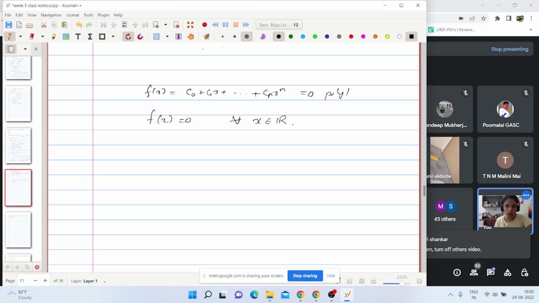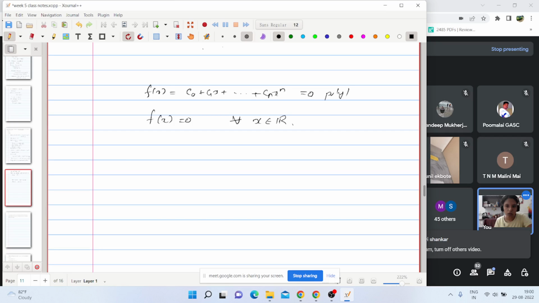So this f of x will have only a maximum number of zeros, because it is an ith degree polynomial, right? An ith degree polynomial can have at most i zeros.